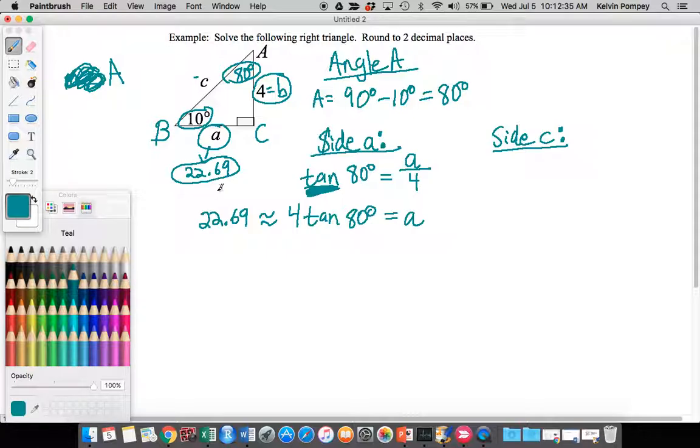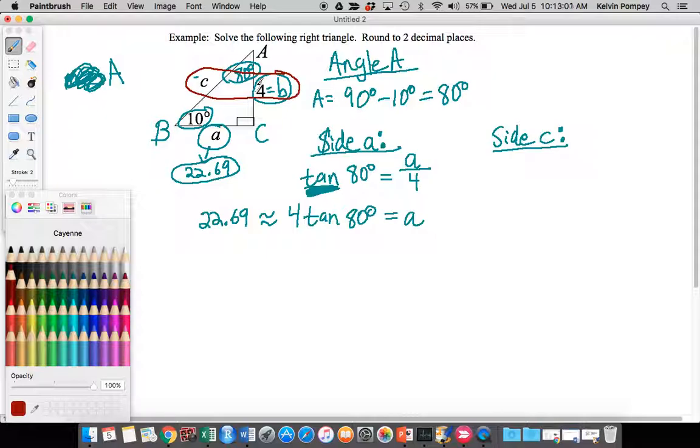If I use the Pythagorean theorem, a squared plus b squared equals c squared, then I'm going to be using the approximation for a, which is not going to give me the best answer when I solve for c. So I'm going to use my trig function to find c, using the relationship with these two angles here, which are exact.